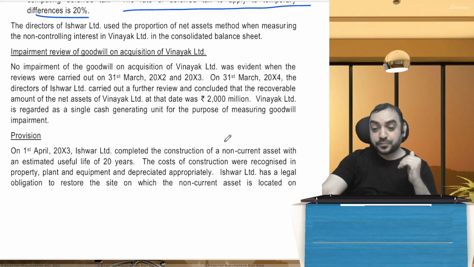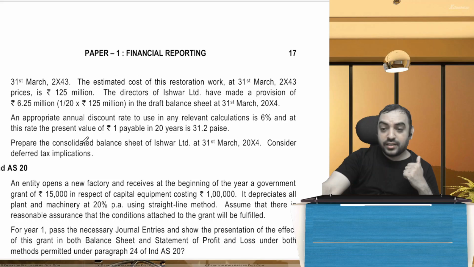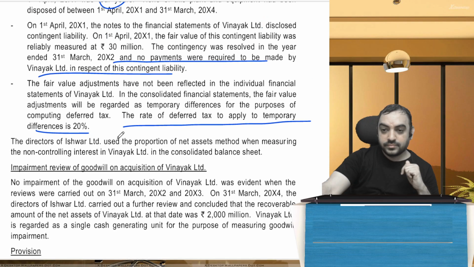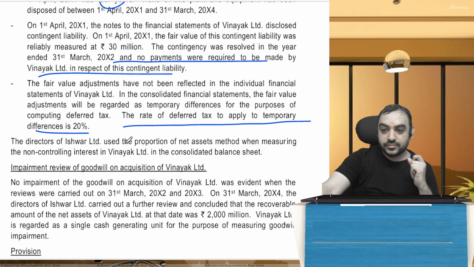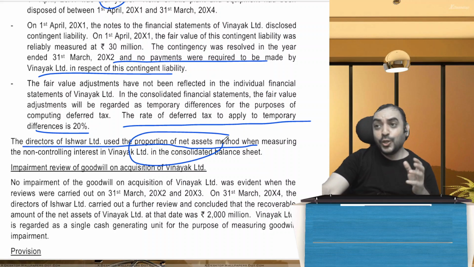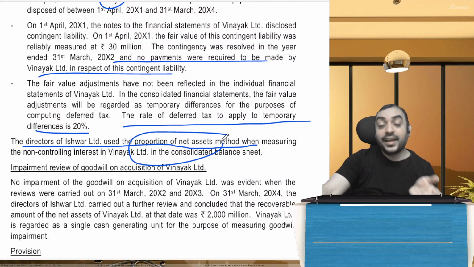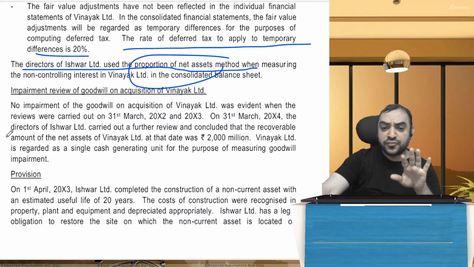In this problem the directors are using the proportionate net assets basis, not the fair value basis. So when goodwill is impaired, it should also be on a proportionate basis, and the entire goodwill should go to CONPL and not to NCI. Once I calculate the impairment part, I'll give the treatment again. As of now, we can ignore this adjustment.